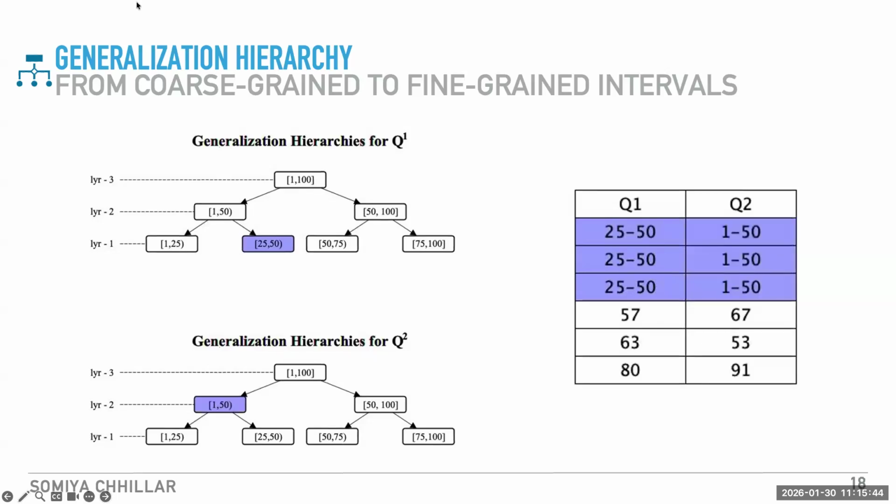And we can do the same by using a node in layer 2 of the generalization hierarchy. Sorry, yeah, you have a question. Q1 wasn't the first one 23? Yeah, okay. It's supposed to be 28, sorry. Yeah, you're right. So it has to be in the interval. Thanks for pointing that out, yeah. And the second one is from 1 to 50.